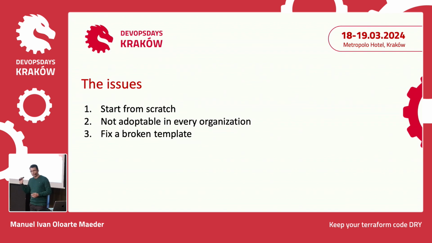And of course, this type of solution is not adoptable in every organization. This is a special case because, as I said before, we have identical environments, and that's why I could pull this off. One of the biggest downsides is when you break a template, when you find a bug in a template and you have to debug it.